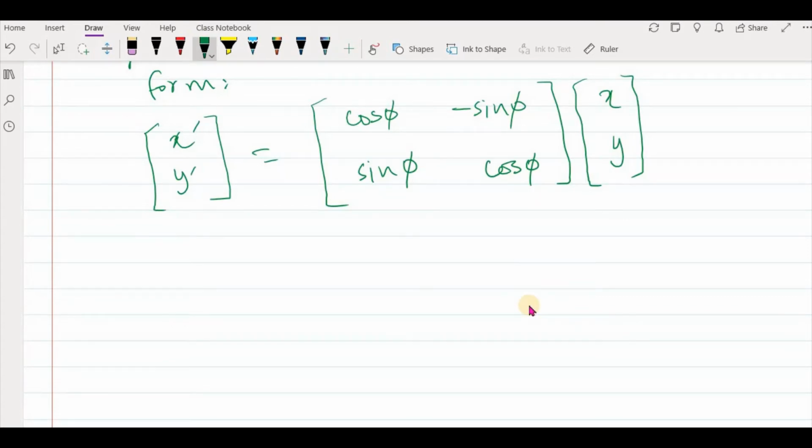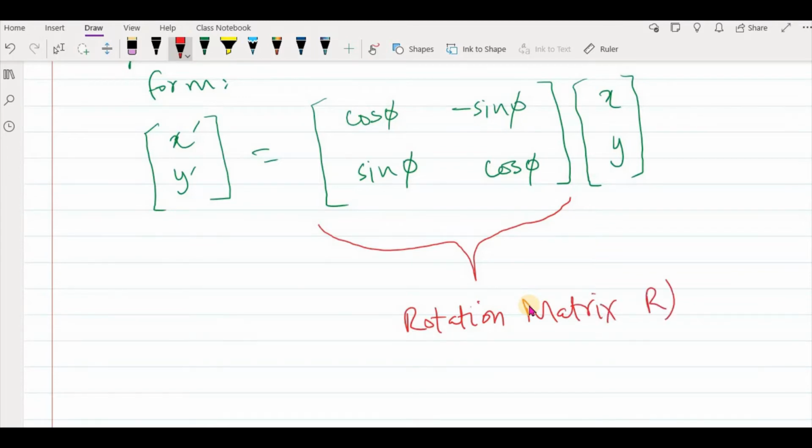Okay, so this matrix here, we can call it the rotation matrix. We can represent it using R. This rotation matrix can be used if the coordinate is rotated or if the vector is rotated.